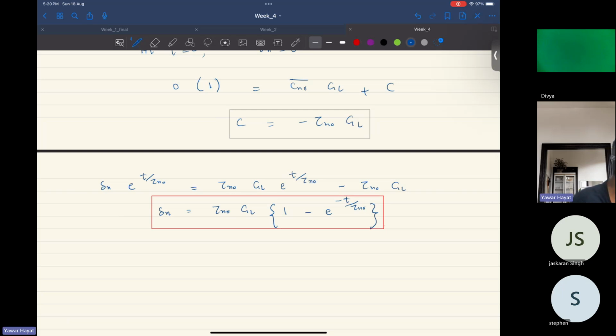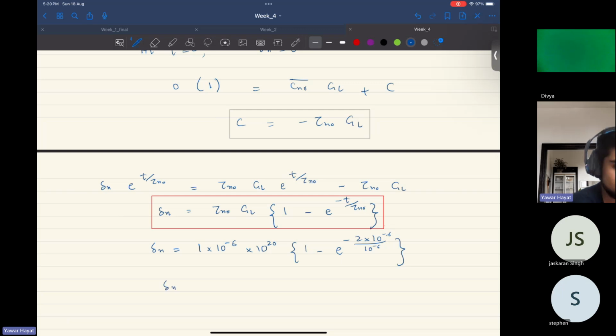Now your delta n is equal to 1 into 10 to the power minus 6 into 10 to the power 20, times 1 minus exponential of minus 2 into 10 to the power minus 6, whole divided by 10 to the power minus 6. So this would be your delta n.